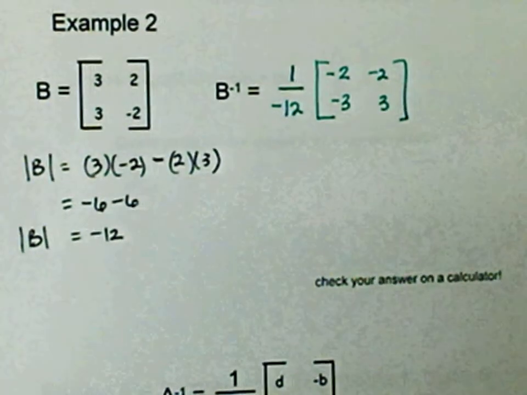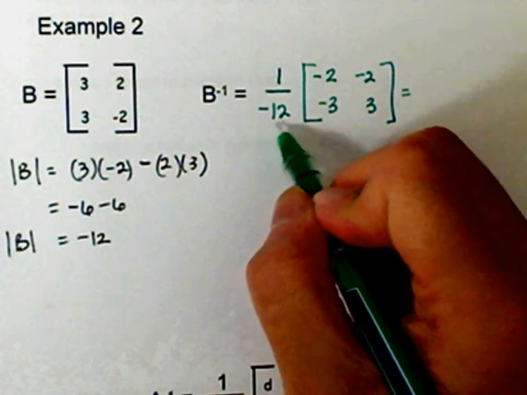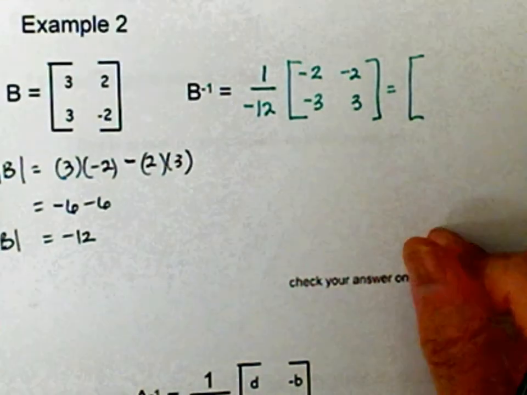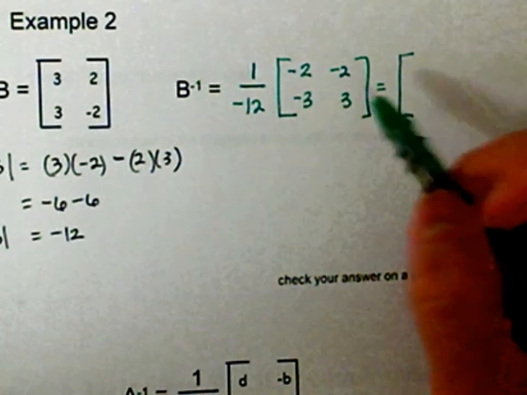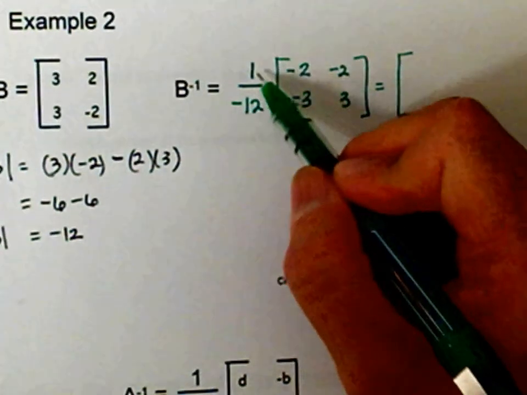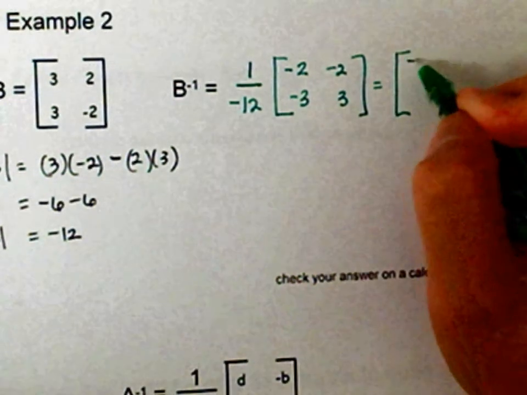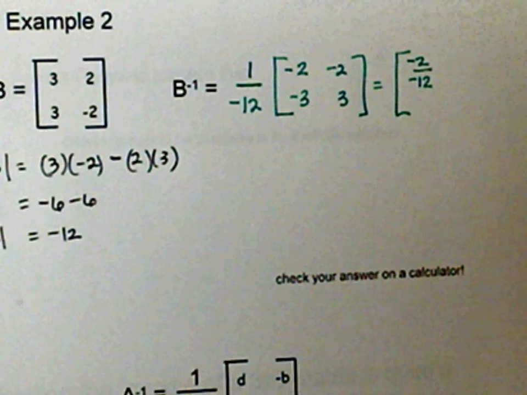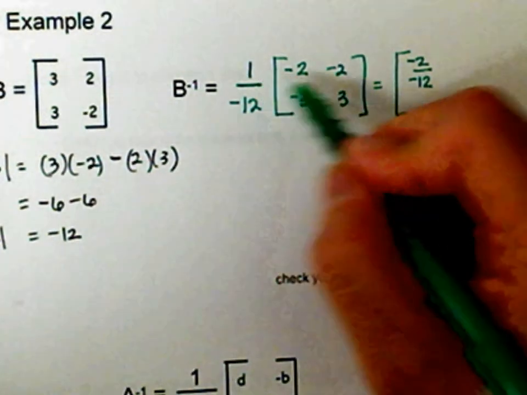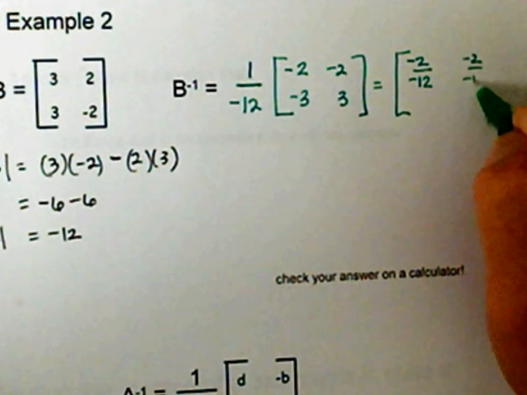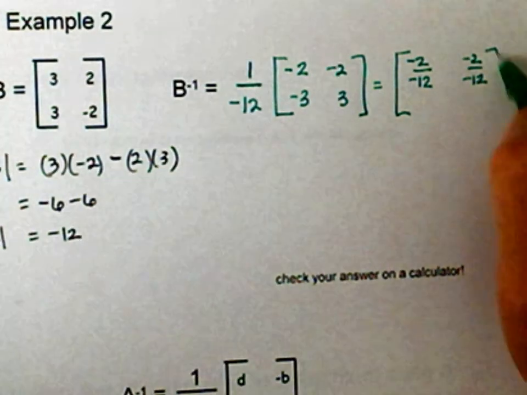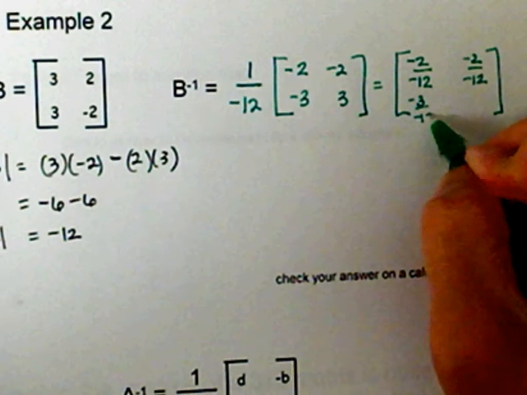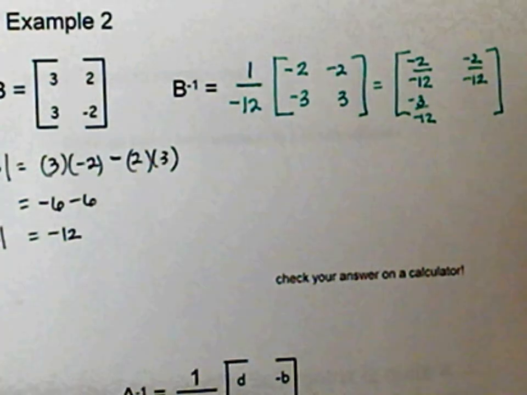Now here's our scalar, so we're going to multiply each one. And if you can go ahead and move on to the next step, that's fine. But I always want to show my students how to work each problem. 1 times negative 2 over negative 12. Okay? You're just multiplying fractions. 1 times negative 2 is negative 2 over negative 12. 1 times negative 3 is negative 3 over negative 12. 1 times 3 is 3 over negative 12.